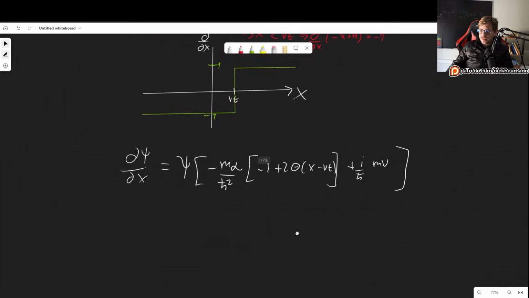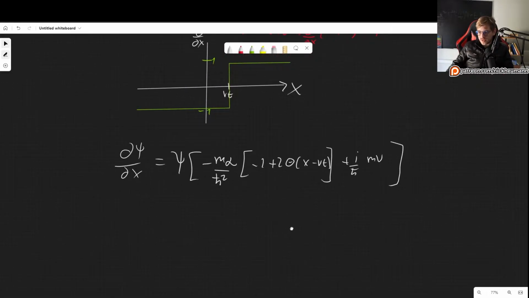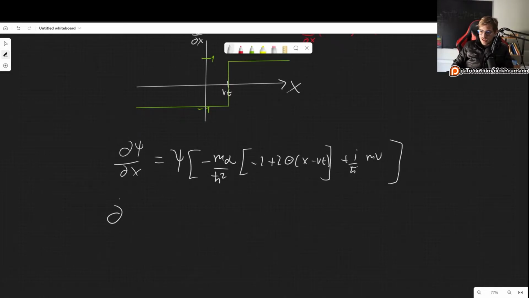Now let's take another derivative, right? We want the second derivative of ψ with respect to x. This is basically dψ/dx times what we just have. When we take the derivative, we get this thing derived times what we already had, which is this parentheses.